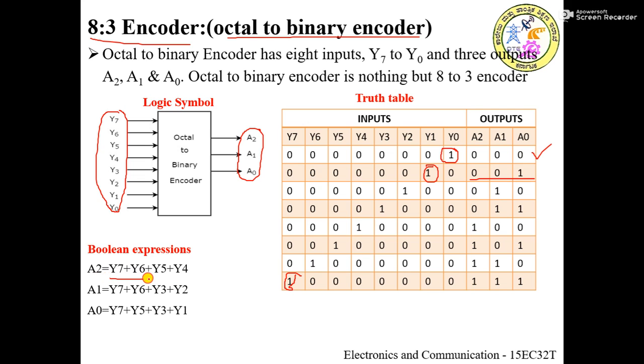So Y4 plus Y5 plus Y6 plus Y7, this is the first expression. Similarly A1 is 1, you have to see where A1 is 1, for 4 combinations. A1 is 1 whenever Y2 is 1 or Y3 is 1 or Y6 is 1 or Y7 is 1. So the same combination is written here. Similarly for A0.